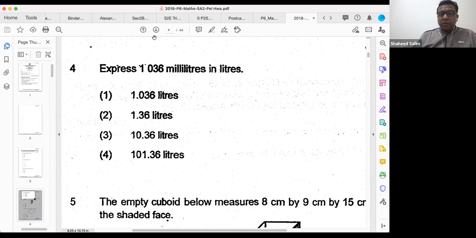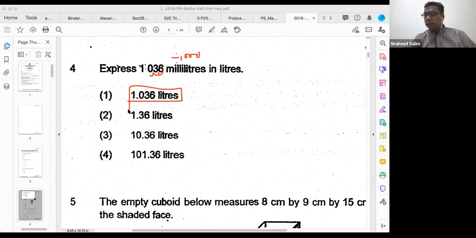Well done, Mr. Izzat. You must divide by 1,000. When you divide by 1,000, what happened? You shift 3 decimal places. Shift 1, shift 2, shift 3, dot. Okay? Yes, okay. Correction just in time.